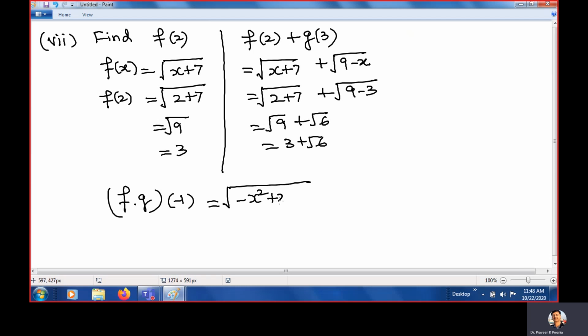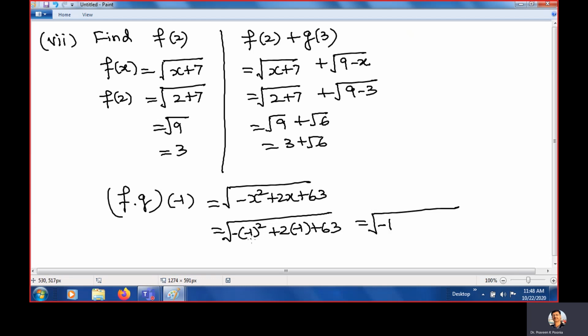So you need to put x as minus 1. So minus 1 power 2 plus 2 into minus 1 plus 63. Minus 1 power 2 is 1, so minus 1 minus 2 plus 63, and the value of this is square root 60.